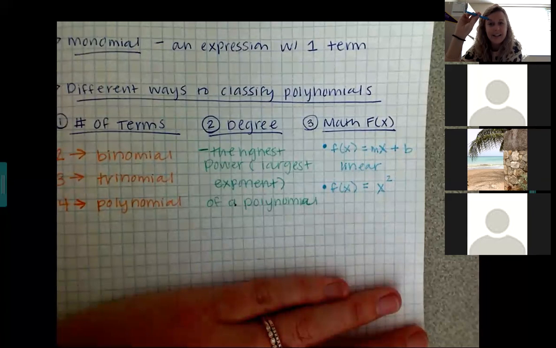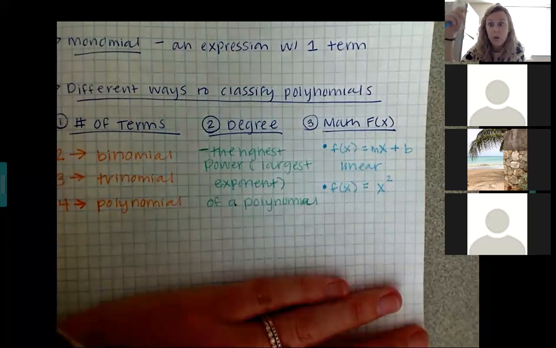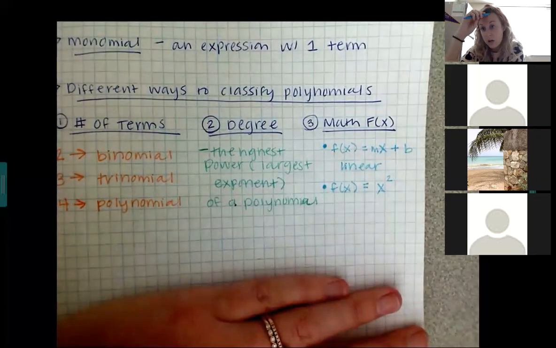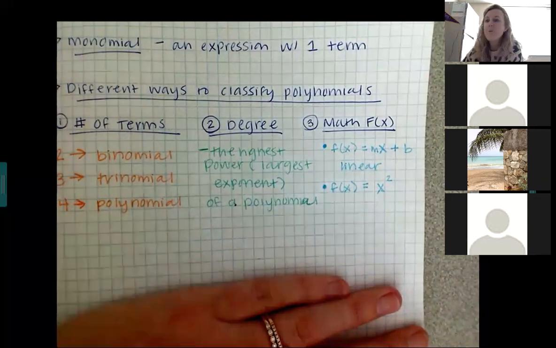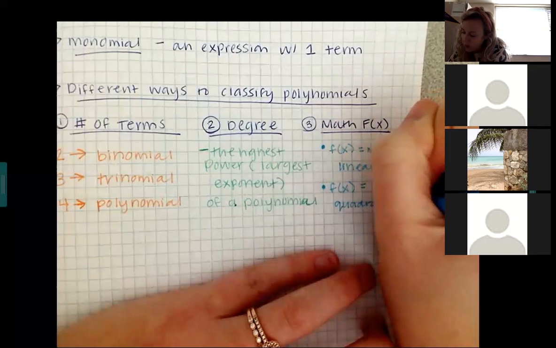Exponential. Not exponential. Close. Exponential functions, guys, are where x is the exponent. We don't do those in math 2. You'll do those again in math 3 because there's a lot you can do with those. Quadratic. There we go. Parabolas. Have y'all heard the word parabola before?